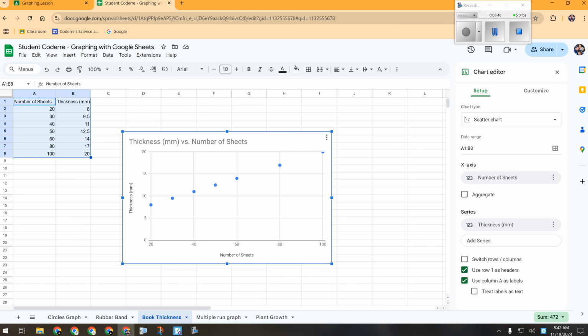All right, is that graph reasonably formatted according to what we learned yesterday? Like the y-axis is labeled thickness in millimeters. That's good. The number of sheets is on the x-axis, and when we say number, that's the units. The number of sheets has to either start with 0 or have some.